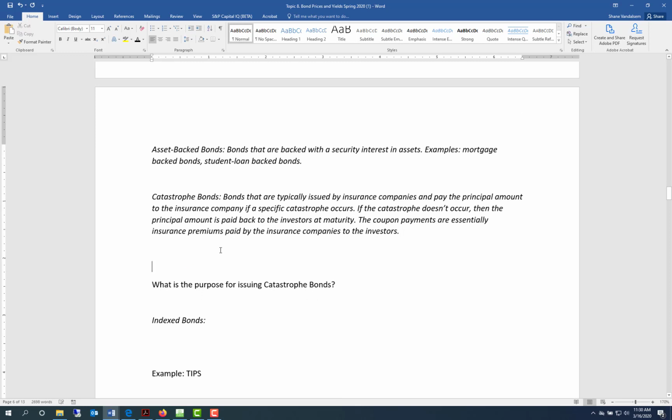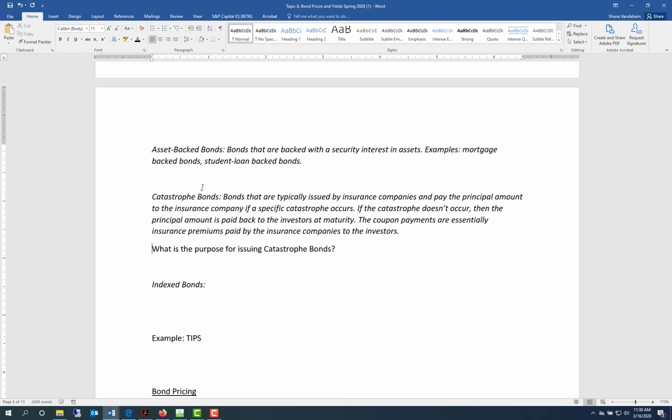So what is the purpose of issuing catastrophe bonds? The purpose is to protect the insurance companies from large catastrophes.